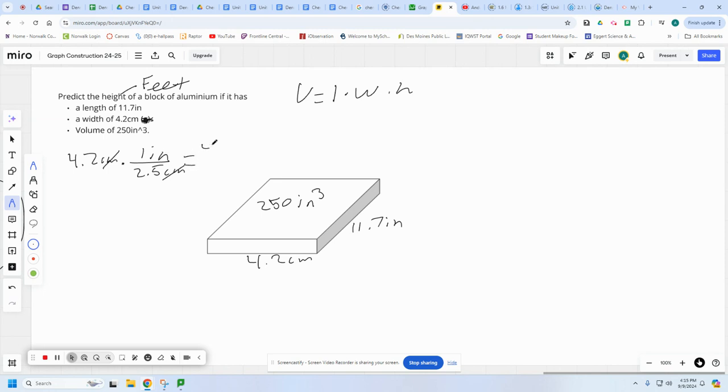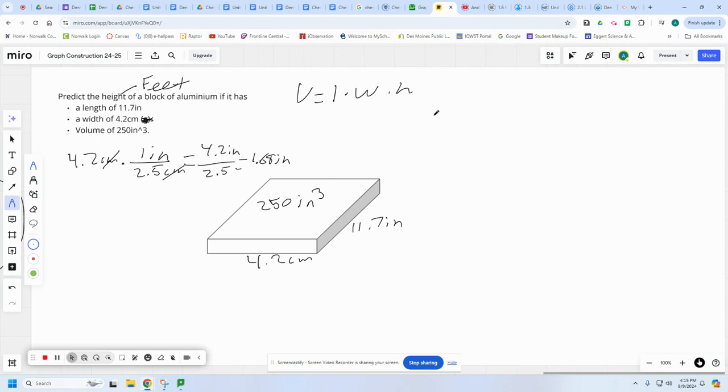So 4.2 inches, bring over the 2.5. 4.2 divided by the 2.5 gets you 1.68 inches. So now that I'm in all the inch family, I can now go back and use my volume equation.